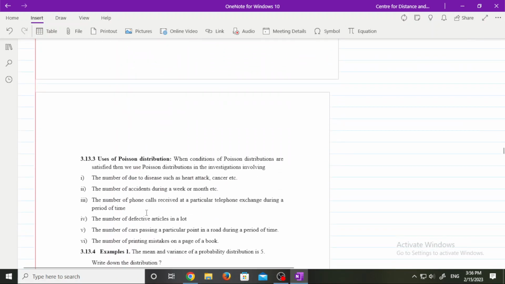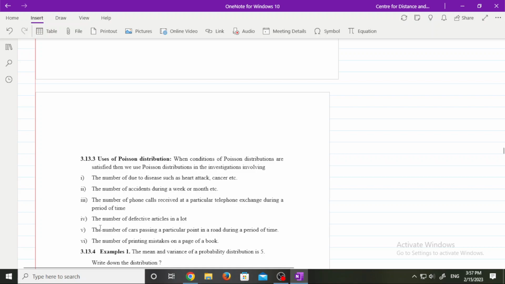Now there are some uses of Poisson distribution. First, the number of deaths due to diseases such as heart attack, cancer, etc. Second, the number of accidents during a week or month. Third, the number of phone calls received at a particular telephone exchange during a period of time.